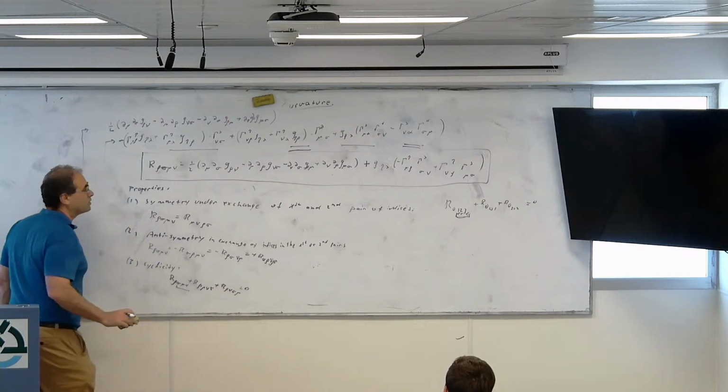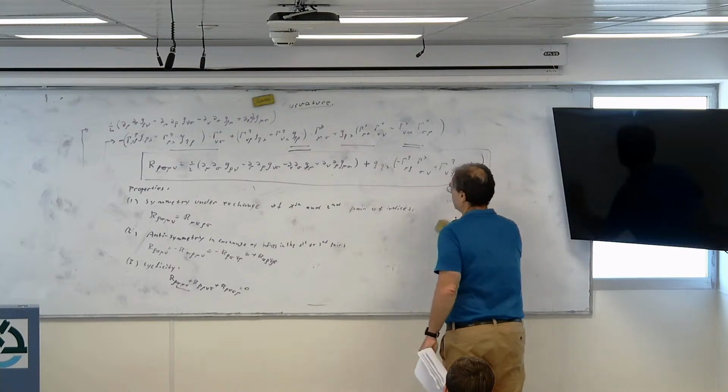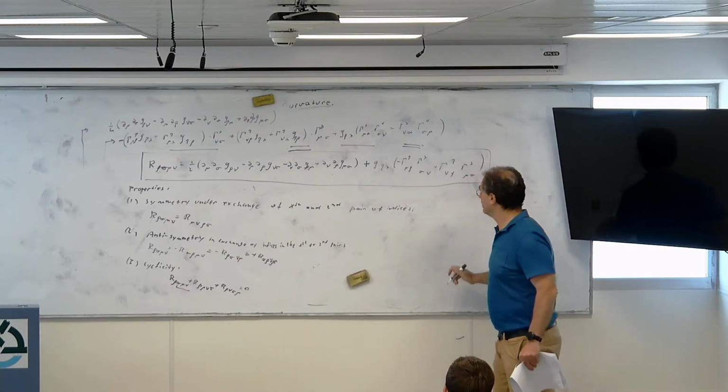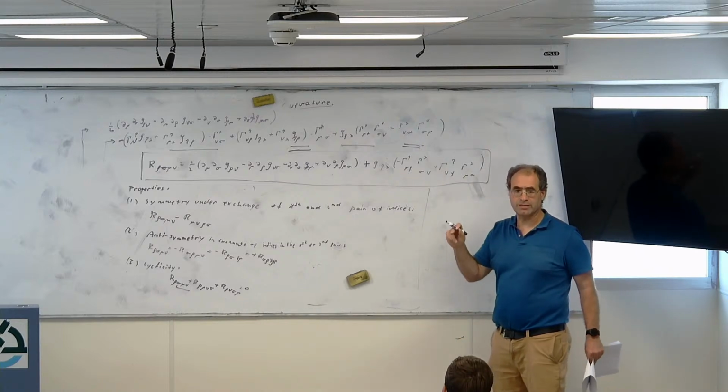Now, one thing which we can do with tensors, remember, is contraction. What is contraction? When we sum over one of the indices, identifying one upper and one lower index.